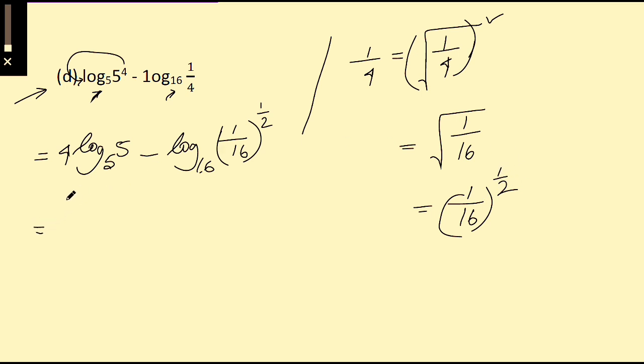So now here we have 4 times log 5 to the base of 5. When here log and base are the same, then this log will become 1. Then we also have minus log. Here we can write 1 over 16 to the power 1 over 2 as 16 to the power minus 1 over 2.